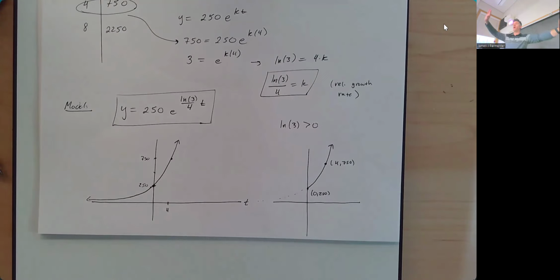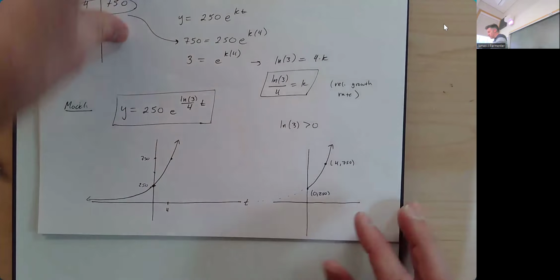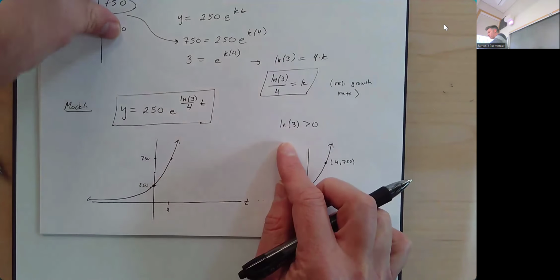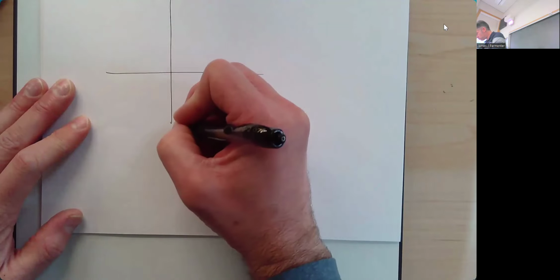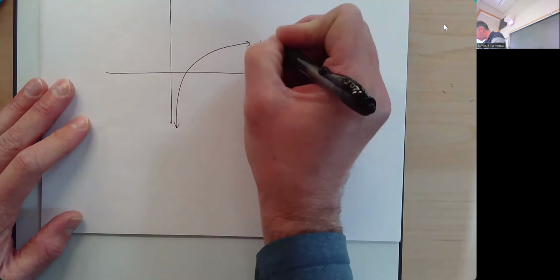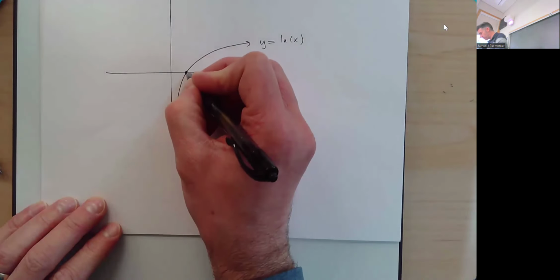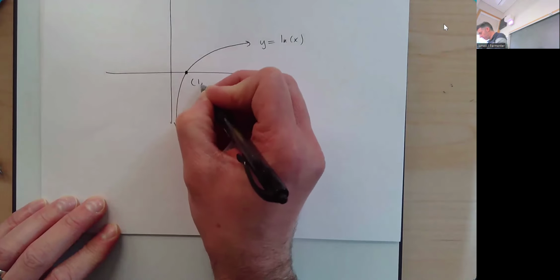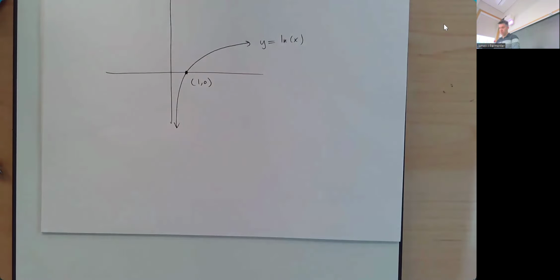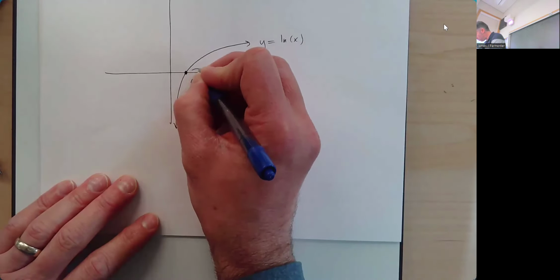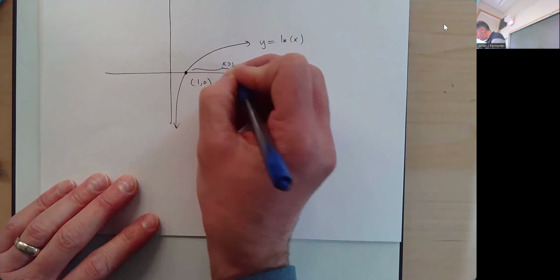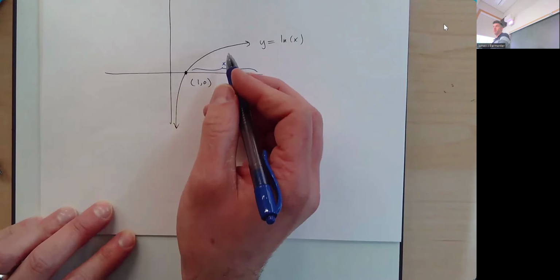Actually, there's one other thing I want to say here, just because I want to talk about how I'm thinking about this. Whenever I'm thinking about the natural log, like, is it positive or negative? I'm really just imagining the graph of the natural log of x. And we know that this intercept is the point (1, 0). So if your x value is larger than 1, your corresponding y values are positive.